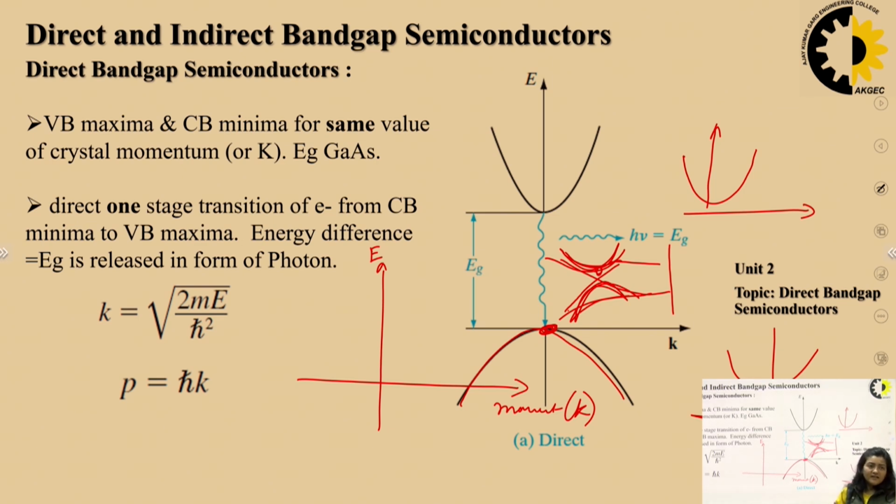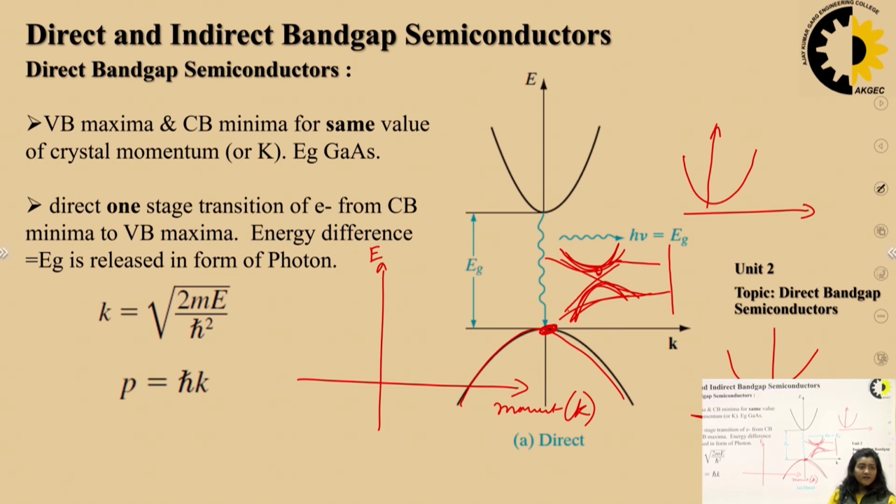The conduction band has its minimum at a point, and the valence band has its maximum at the same momentum. This type of semiconductor is known as a direct band gap semiconductor.